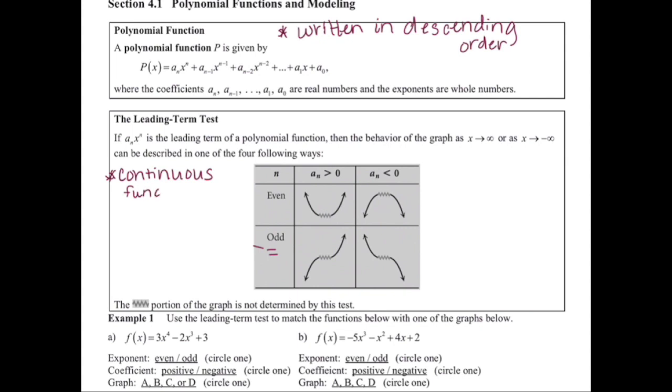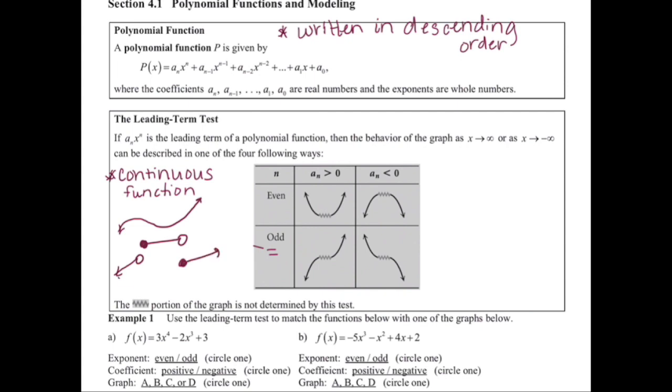Well, what is a continuous function? A continuous function doesn't have any holes or gaps. It's just one nice, smooth, running look to it. An example of a not continuous function: notice we have a hole here, we're jumping. We have another hole and now we're jumping, but yet we're continuing on.